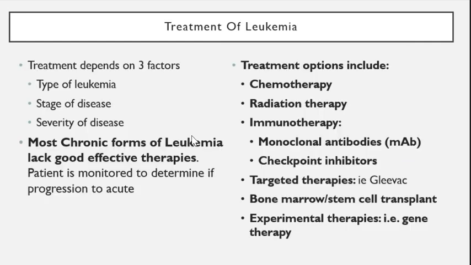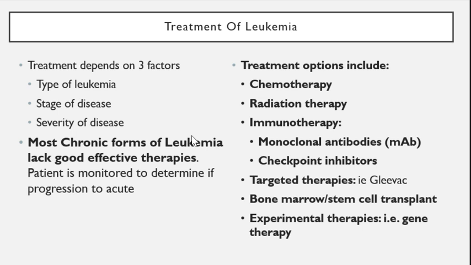So as far as treatment goes, we have chemotherapy, radiation, immunotherapy. Again, a lot of the cancer stuff applies here. There are targeted therapies like Gleevec, which I think we talk about later, so more on that later.